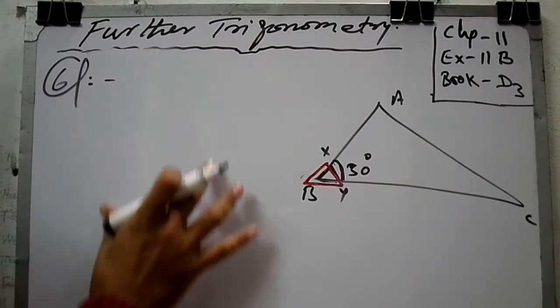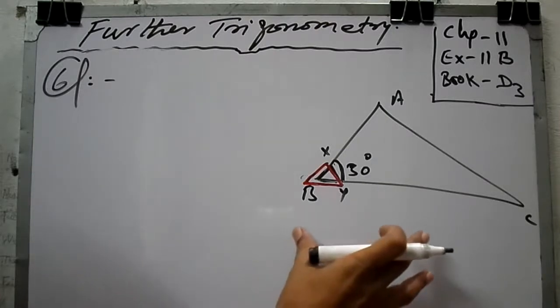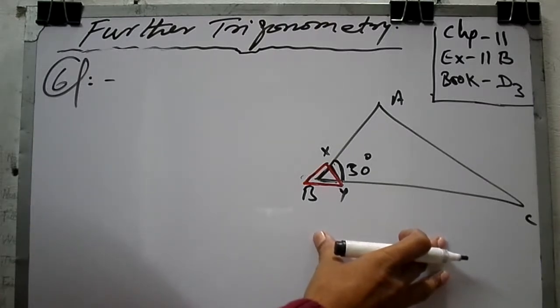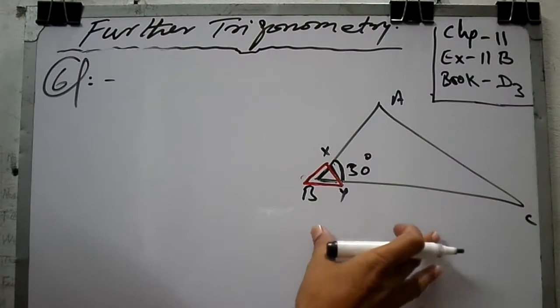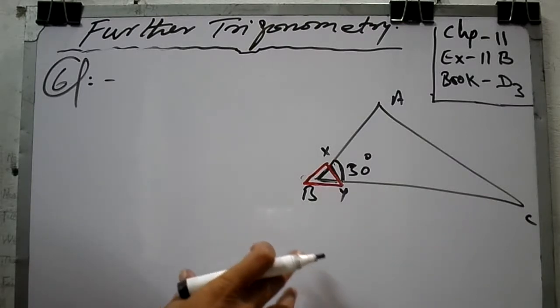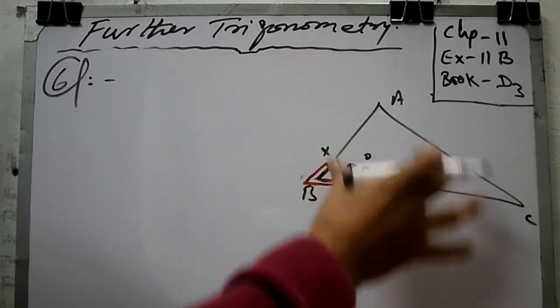We have seen that the given configuration is like this, and in part A we have to calculate the area of triangle ABC.